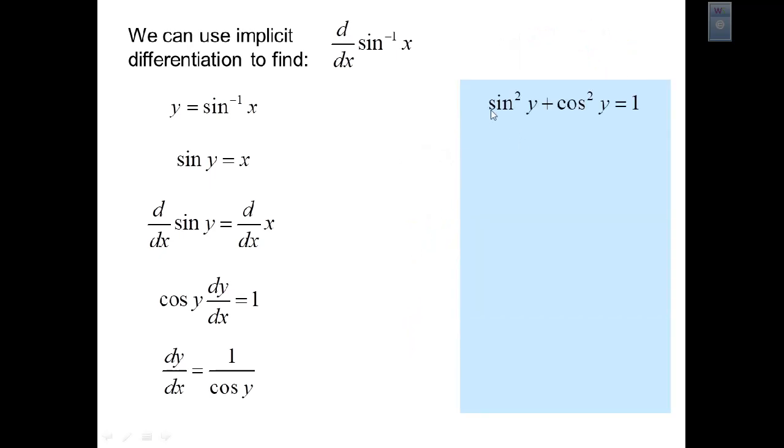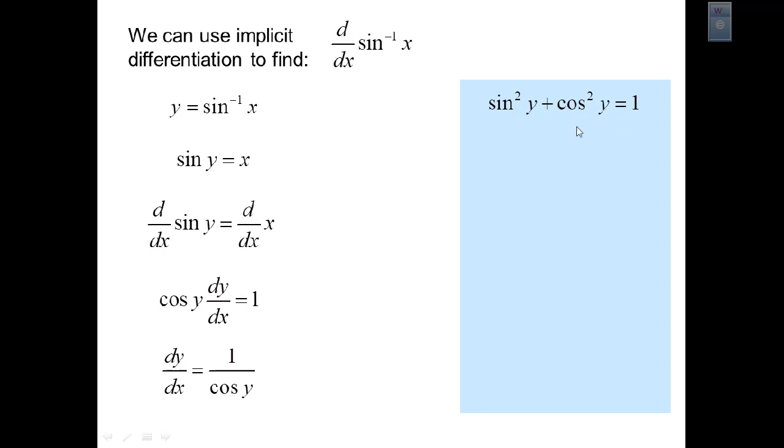So we're going to use the Pythagorean identity, sine squared y plus cosine squared y equals 1. Normally we see this with sine squared x plus cosine squared x equals 1, or theta. It doesn't matter, whatever variable. If we do the sine squared of anything plus the cosine squared of that same thing, it equals 1 every time.